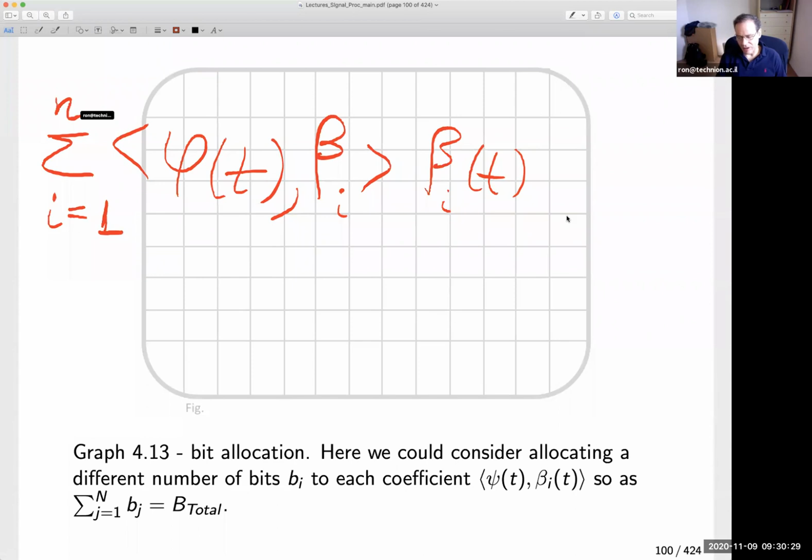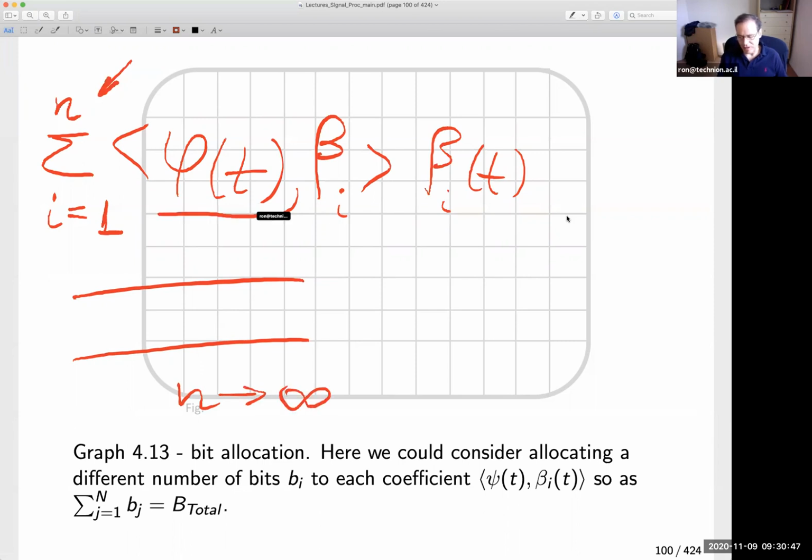This n can vary. If there is a bandwidth with a specific capacity that allows you to send a large amount of information, then this n should go to infinity, in which case you would represent your signal in quite an accurate way.